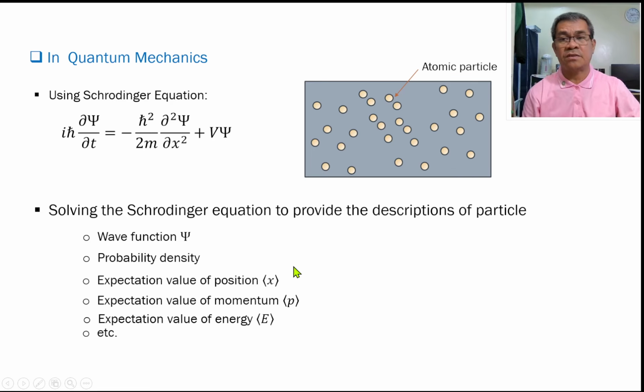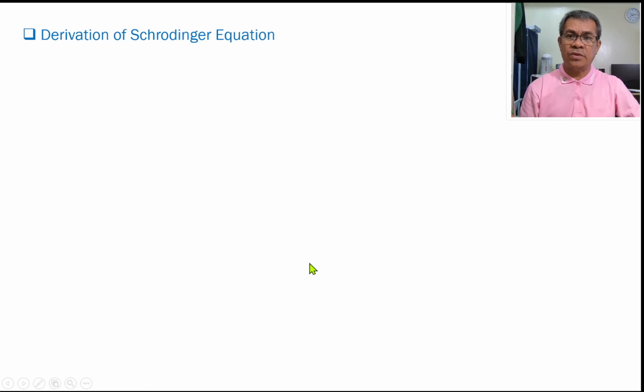And so these are the things that we need to study in the next succeeding videos. Okay. So the next question is how to derive the Schrodinger equation. We understand that the life of quantum mechanics relies on the Schrodinger equation, but where did we get the Schrodinger equation, or how can we derive it?